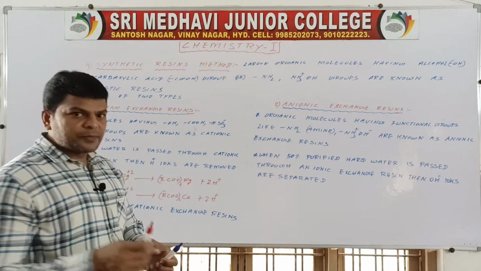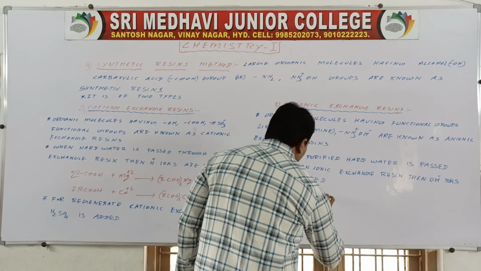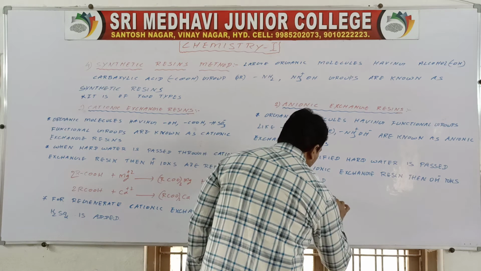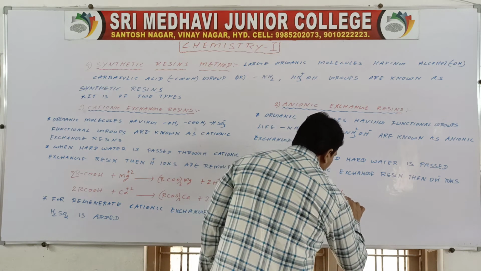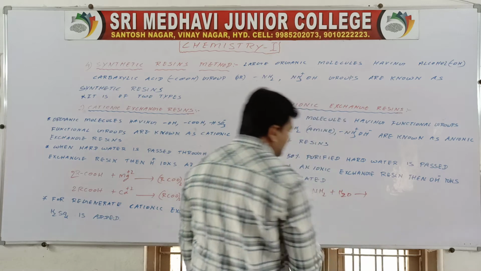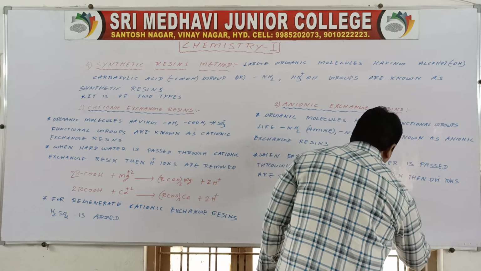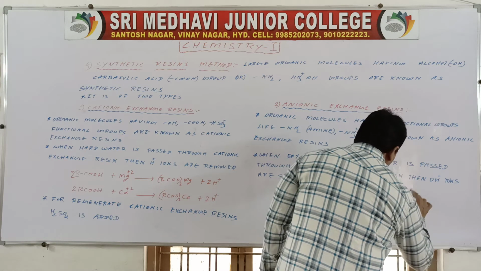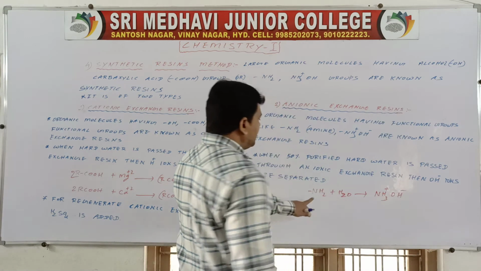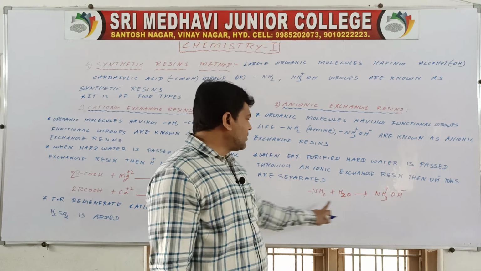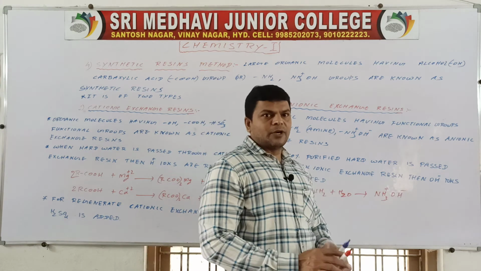How OH minus ions are separated: NH2 plus H2O gives rise to NH3 plus OH minus. See, NH2 is added to water, then what happened? NH3 plus OH minus is formed.